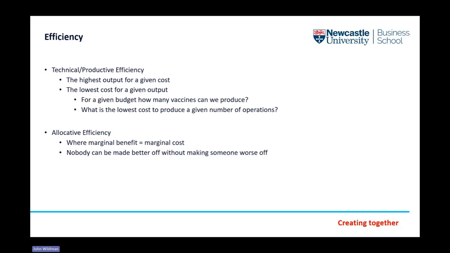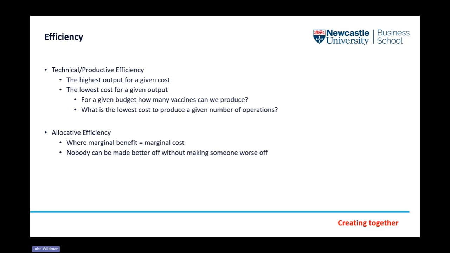Now, if you come across a lot of economic evaluation, you'll have come across cost effectiveness analysis. Cost effectiveness analysis is all about technical and productive efficiency, whereas cost benefit analysis is all about allocative efficiency.